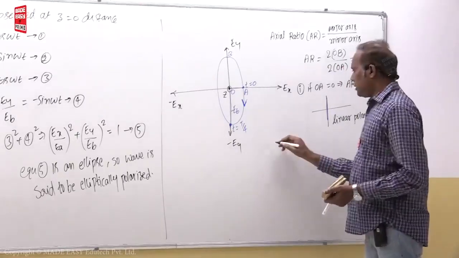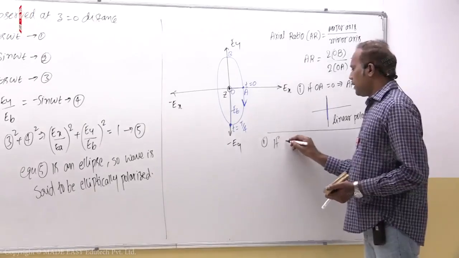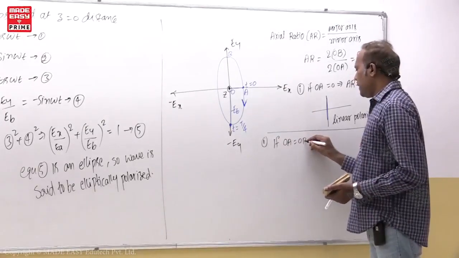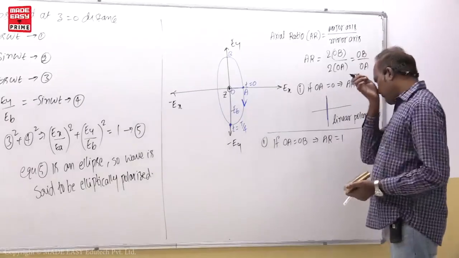Okay. Next, second one. If OA is equal to OB, that implies axial ratio becomes 1.